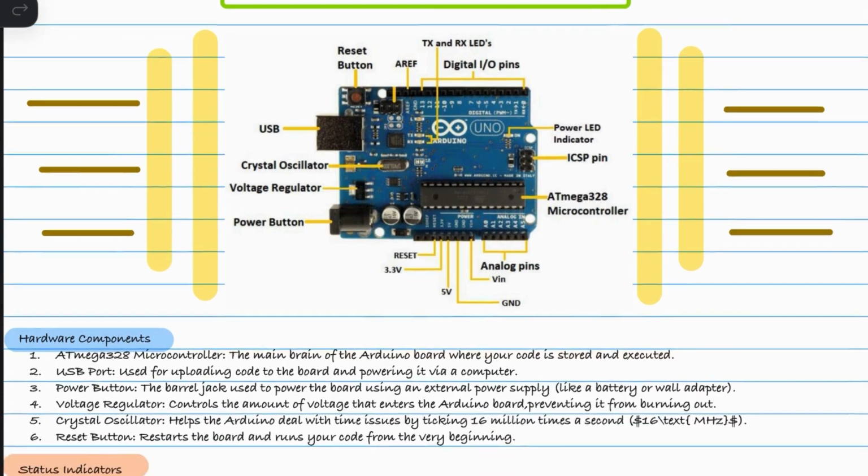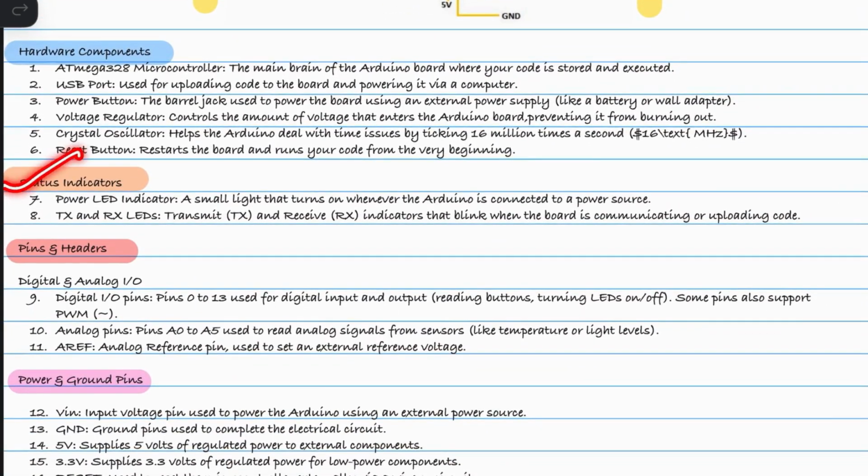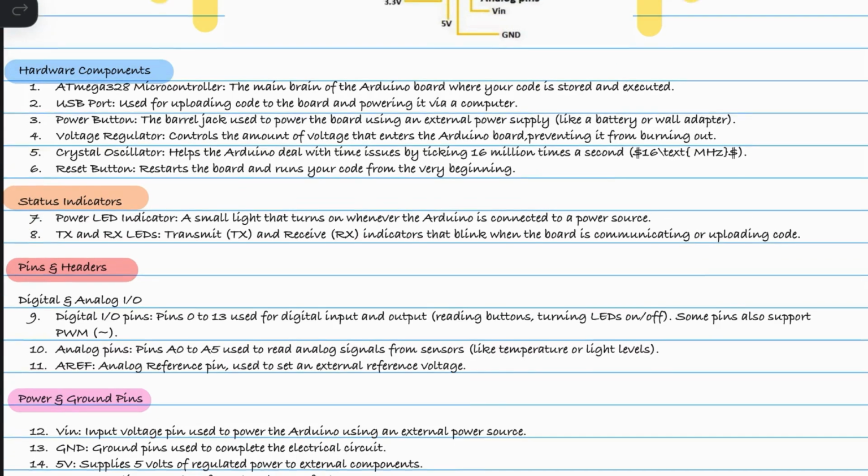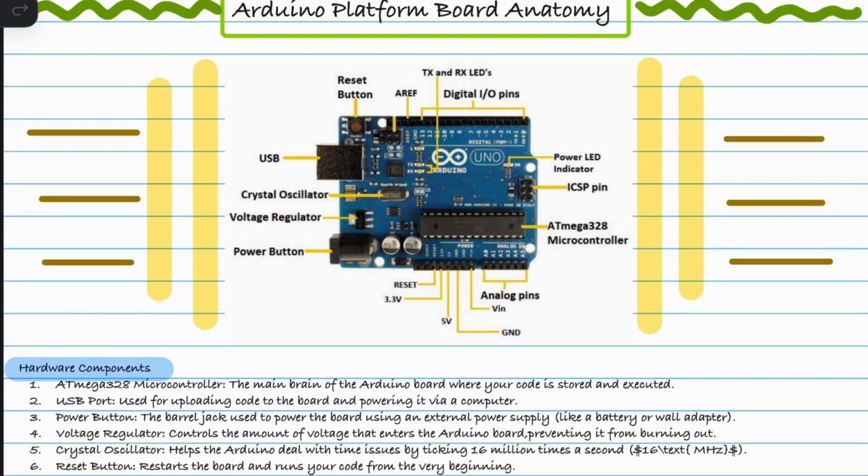And then there are status indicators. While troubleshooting the hardware, the board speaks to you through these status indicators. First we have the power LED indicator, a small onboard light wired directly to your power rails.